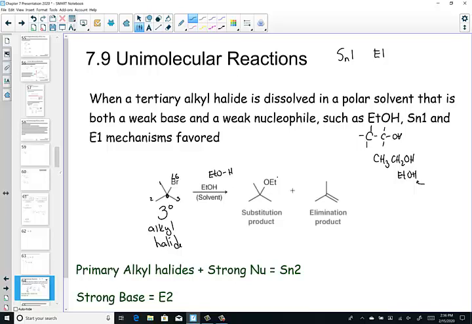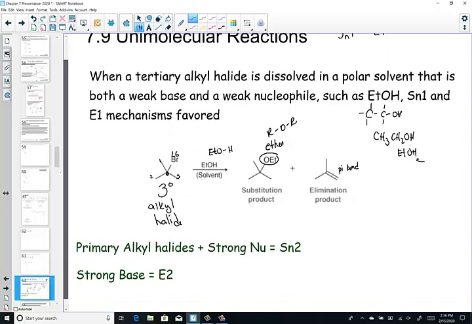The substitution product will end up having an ether linkage, which is ROR, if you recall, and the oxygen then has been substituted where the bromine was. And of course, the elimination reaction involves the formation of a double bond, a pi bond.